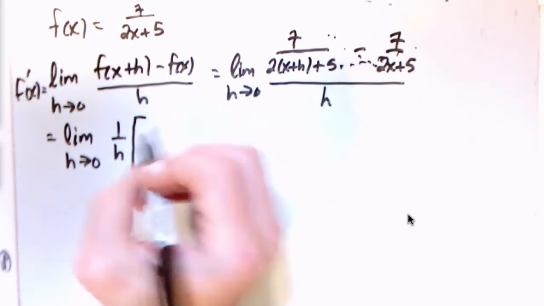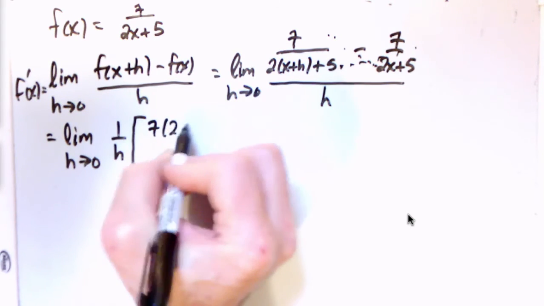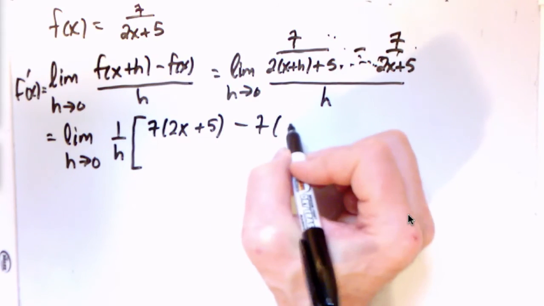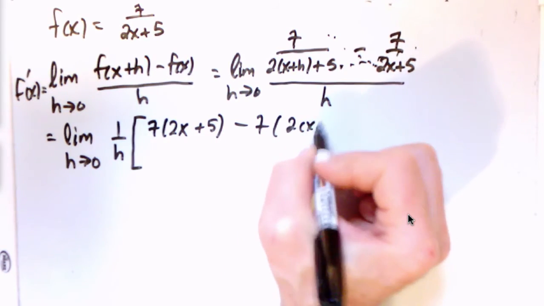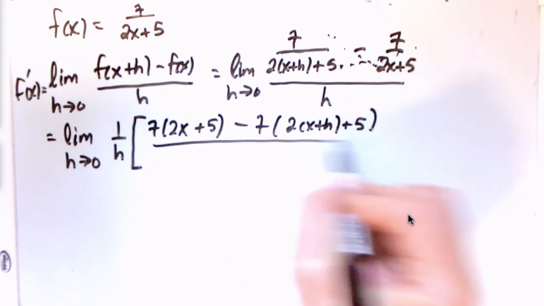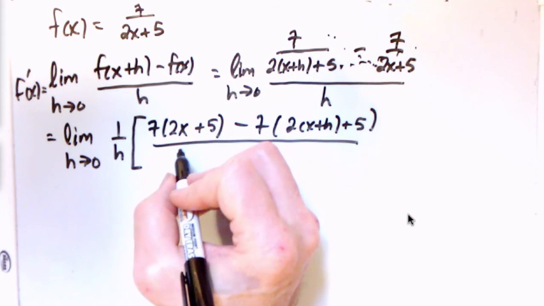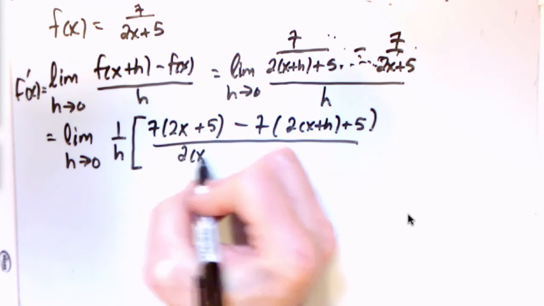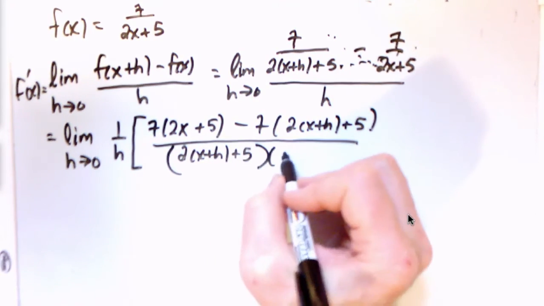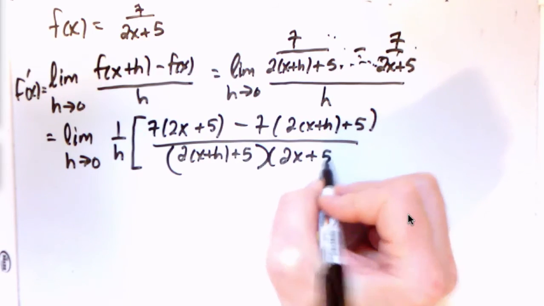And we're going to get 7 times 2x plus 5 minus 7 times, and then I need the whole denominator. Again, I'm not going to expand down here until I need to.